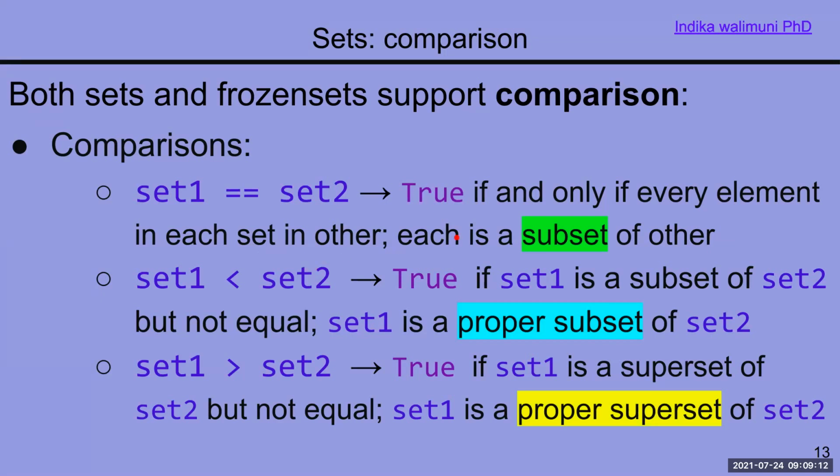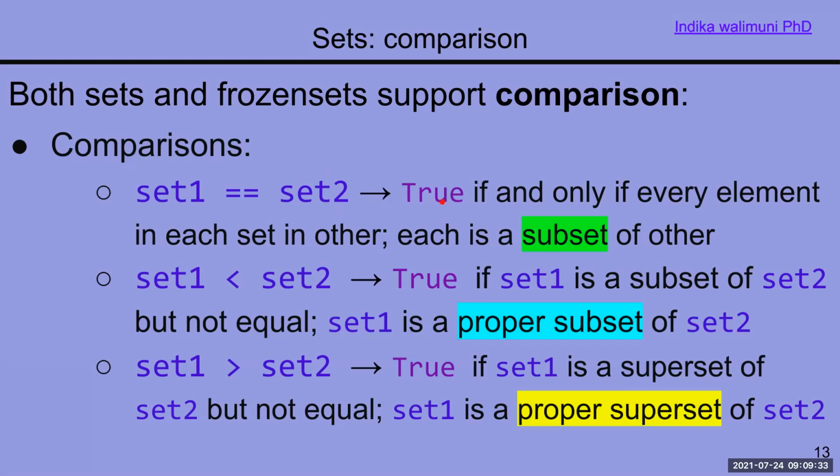Basically, each is a subset of the other. So set one is a subset of set two, and set two is also a subset of set one. So they are completely equal. If that is the case, we return true. Otherwise, no.